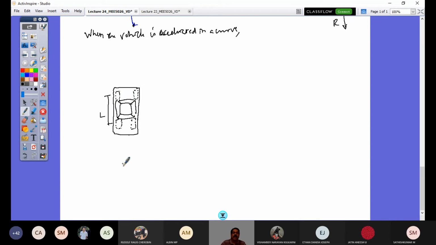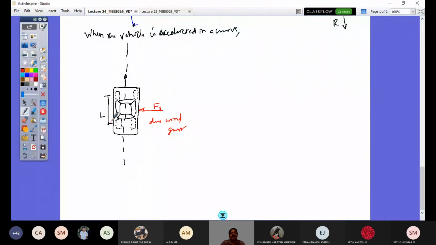If it goes straight, this is my longitudinal direction, and the vehicle is directed along this. What would happen to this vehicle if there is a side force Fs acting here due to a wind gust? What would happen if this vehicle is a neutral steer, understeer, or oversteer vehicle? Can anyone comment on this?